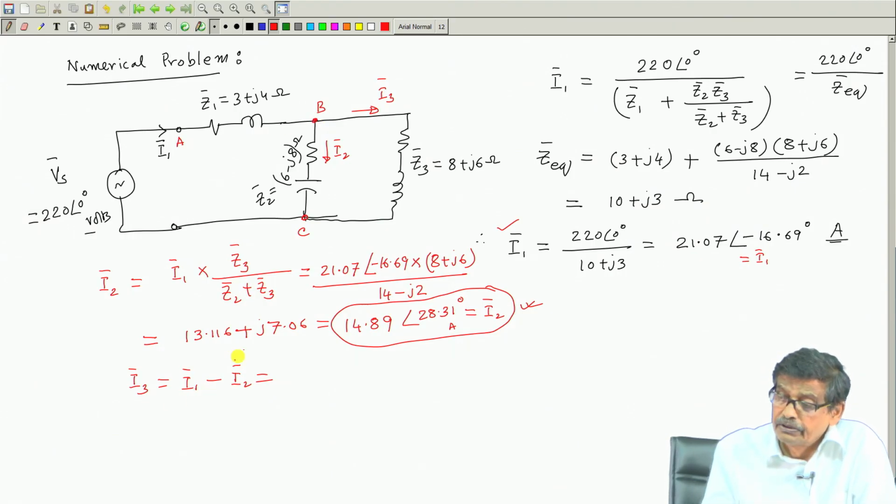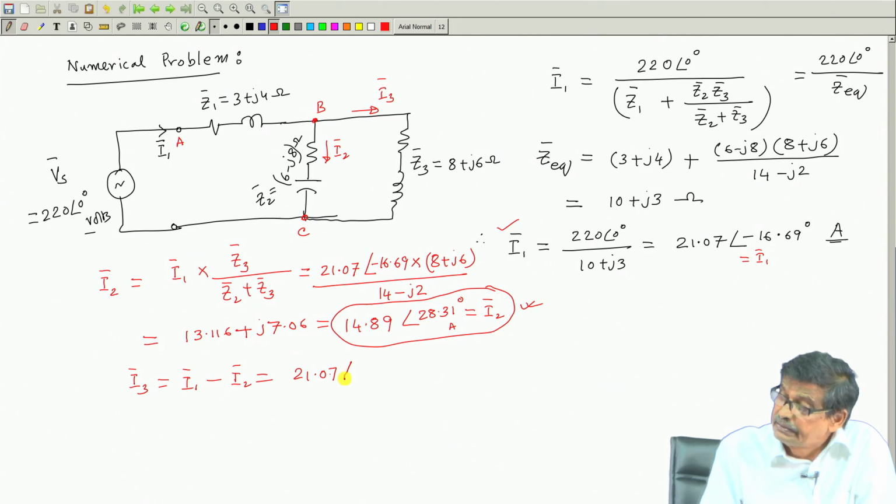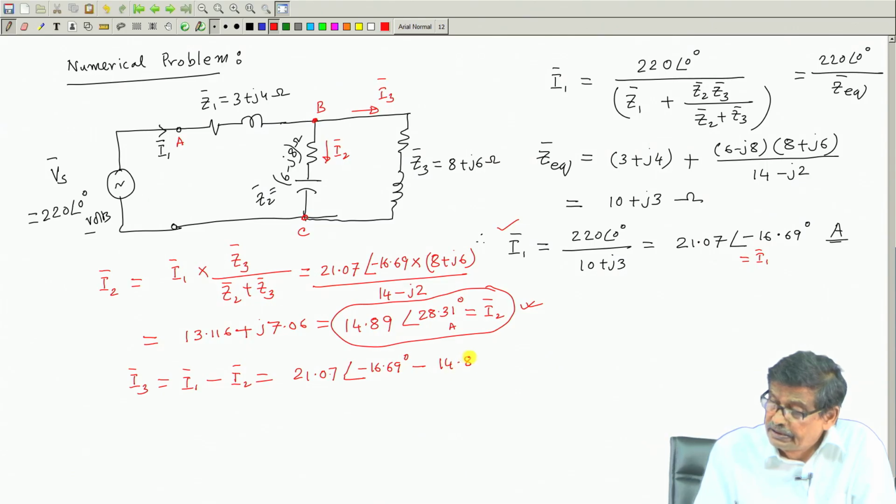I 1 bar is 21.07 angle minus 16.69 degree, minus 14.89 angle 28.31 degree.